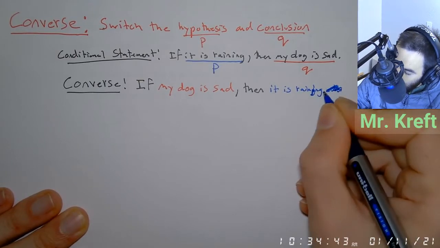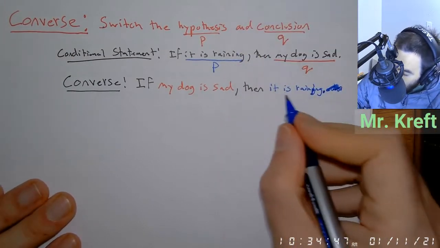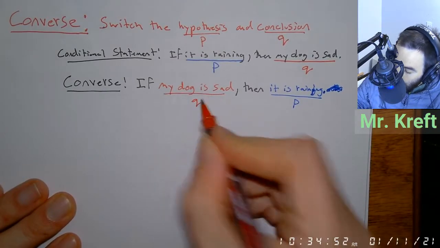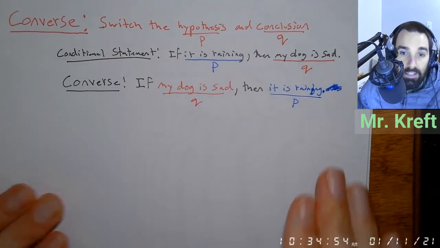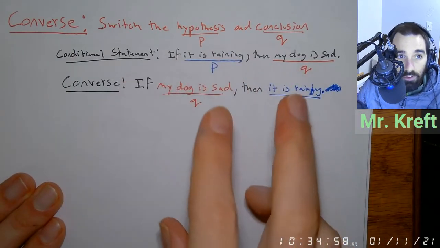Oops, nope, I didn't say outside before. I just said it's raining. There we go. Okay, notice how this is my P and this is my Q. So my P and my Q have stayed the same. Okay, but I've switched them, and that's what a converse does.